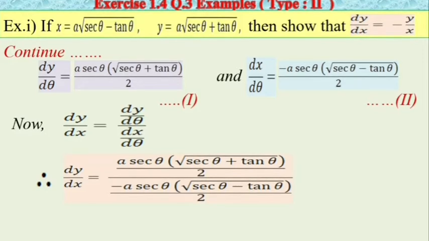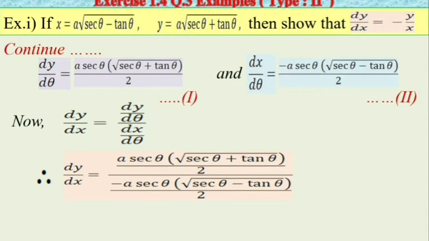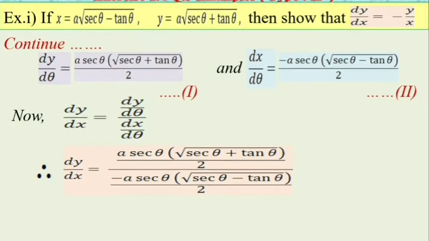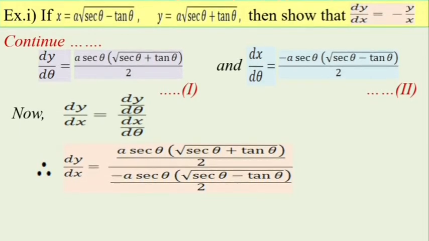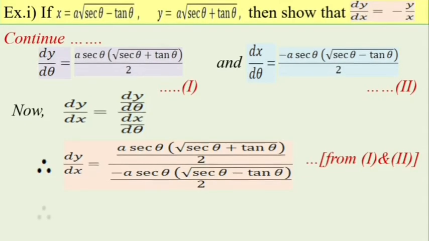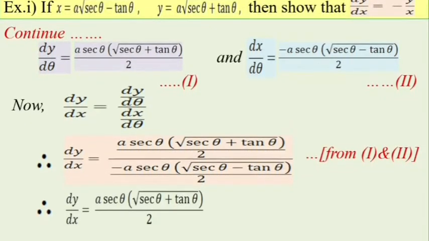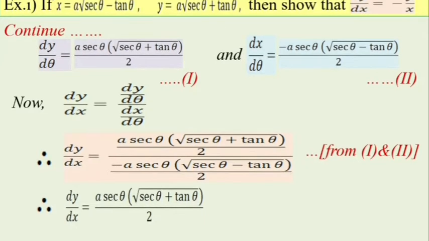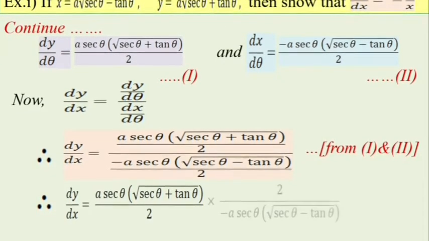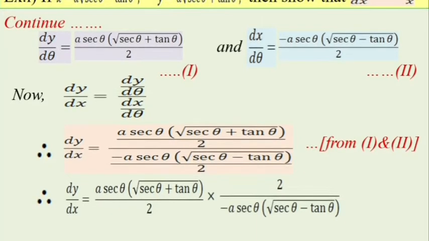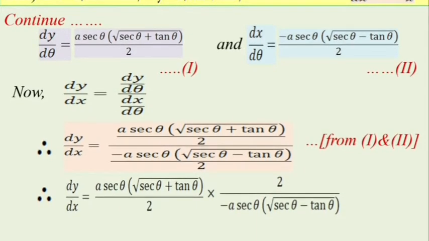Okay, now we know the formula a upon b whole divided by c upon d equal to a upon b into d upon c. By this formula we get dy by dx equal to a sec theta into bracket root of sec theta plus tan theta divided by 2 multiplied by 2 upon minus a sec theta into bracket root of sec theta minus tan theta.